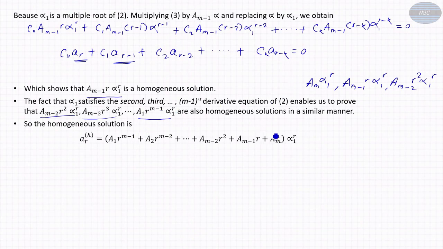So this is written here a_m, and alpha 1 to the power r is taken as common, because alpha 1 to the power r is common in all the terms. So this one is this, a_{m-1} r, and alpha 1 to the power r is this. Then a_{m-2} r square, this, up to a1 r to the power m minus 1, and alpha 1 to the power r is common here.